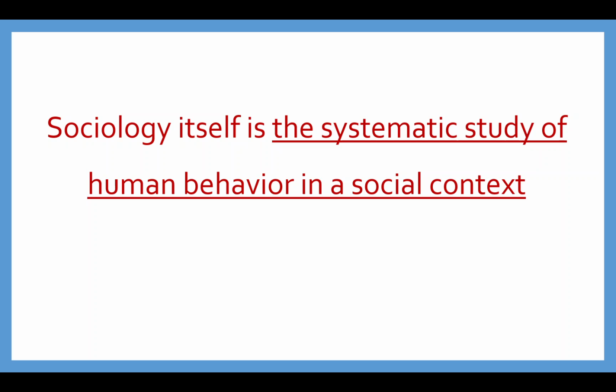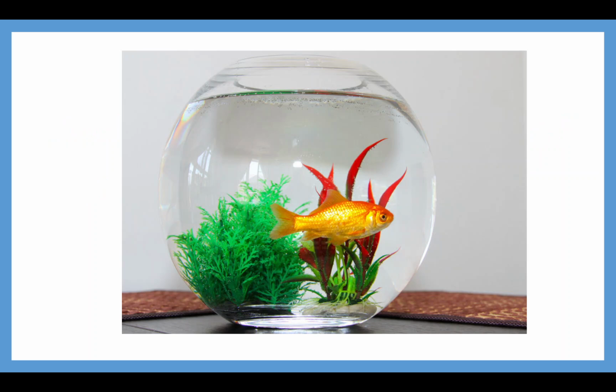We look at these individual people as they exist within society. So I want you to imagine a goldfish in a bowl on the counter, and you're going to study the fish. But you don't just study the fish itself, do you? You study the fish and the environment they're in, within the context of the bowl, within the context of their world, within the context of their society.